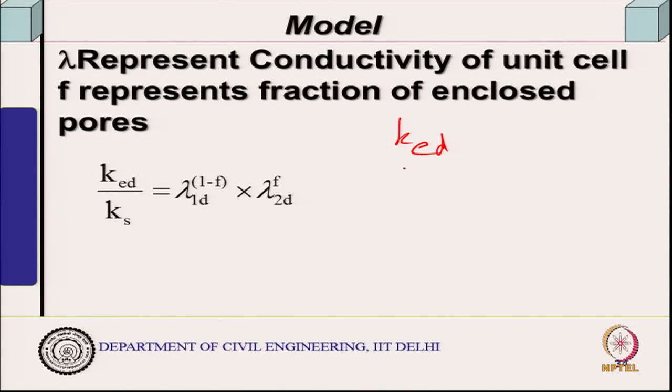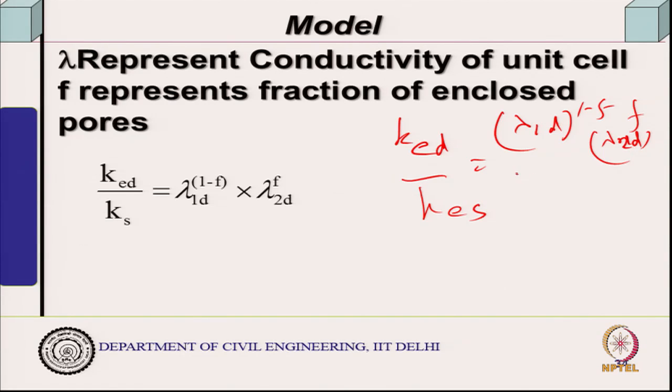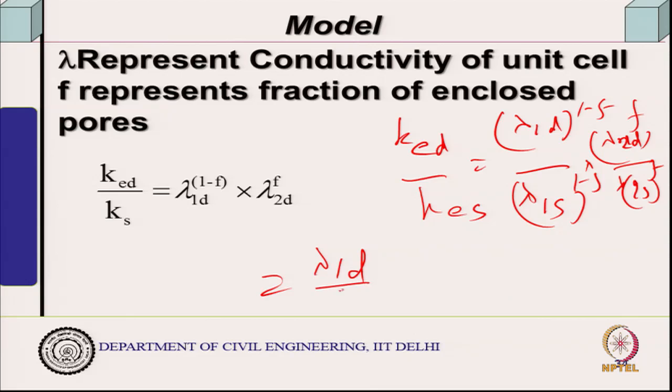So, this will be lambda 1d to the power 1 minus f multiplied by lambda 2d to the power f, and this will be lambda 1s to the power 1 minus f multiplied by lambda 2s to the power f. So, this is experimentally known, and this right hand side I can write as lambda 1d by lambda 1s to the power 1 minus f multiplied by lambda 2d by lambda 2s to the power f.